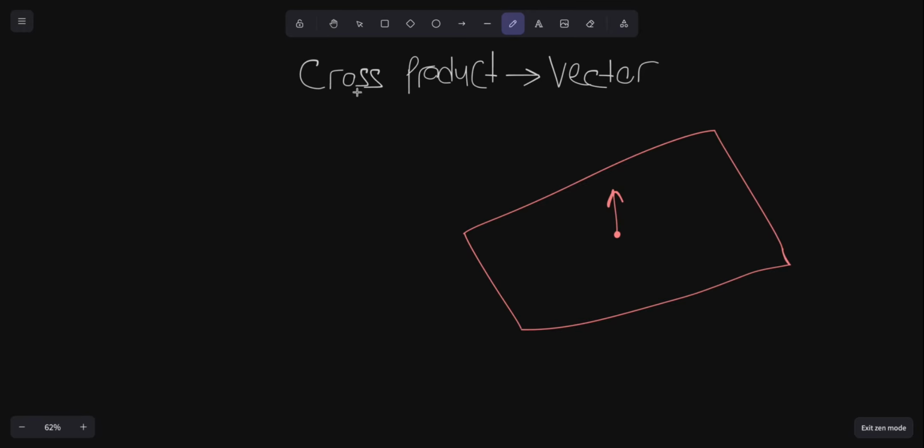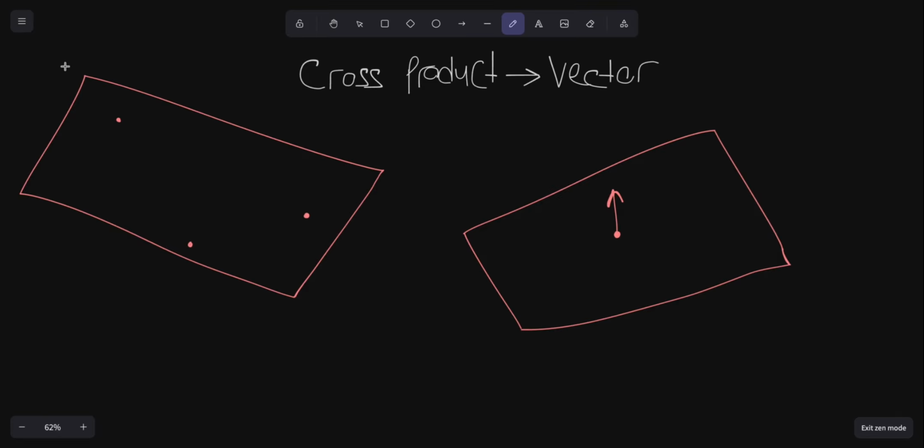And when we think about something that's perpendicular, you can see how the cross product comes in. You might remember that your definition of the plane in the past, which is also a valid definition, is 3 points that aren't on the same line. So that defines a plane, but this is another way to define a plane: with a point and a normal, or perpendicular, vector that defines its orientation.